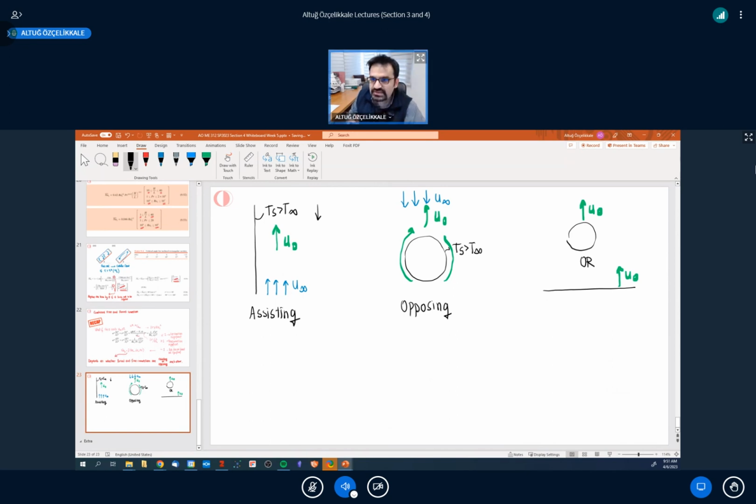So for these geometries, if you have a flow that's coming in perpendicular, you have a transverse configuration. And now, depending on the flow configuration, we need to take this into account in different ways. That's clearly going to be assisting, opposing, or assisting in a transverse sense. That's maybe one way to put it.